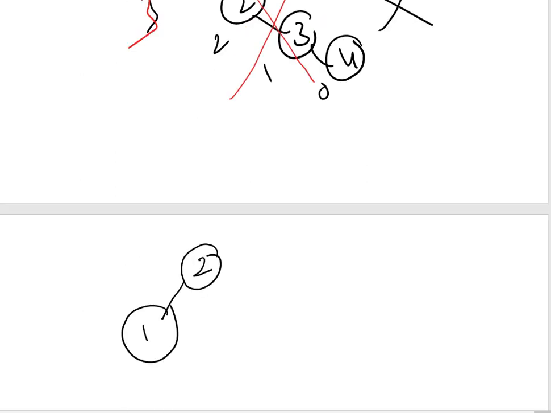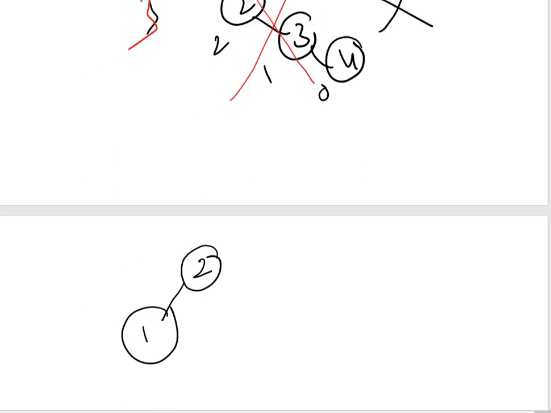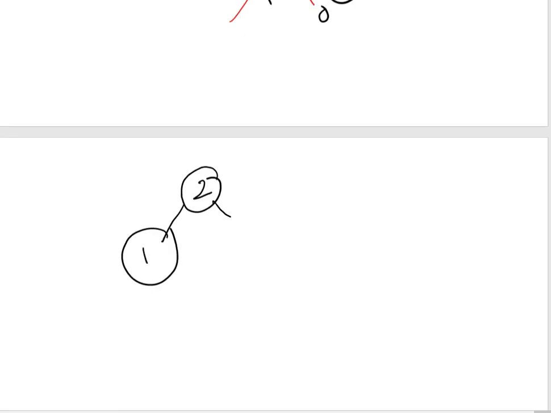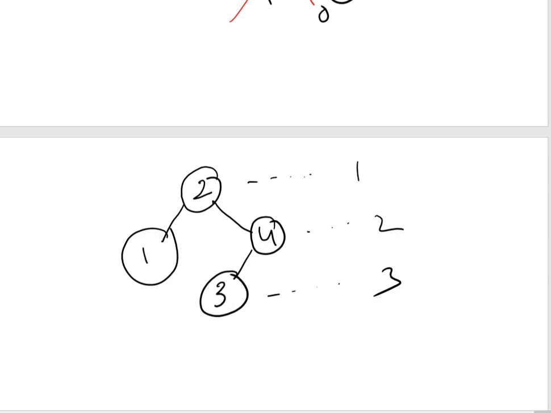Now I am trying one more solution. I make 2 as a root, 1 will be here, and I am making 4 and then 2, 3. Height of this node is 0.